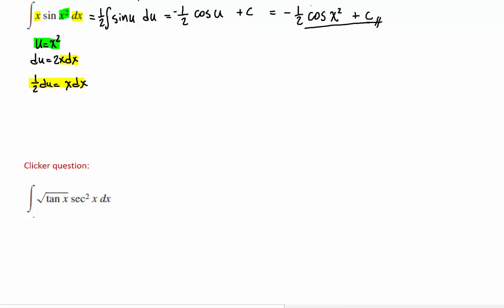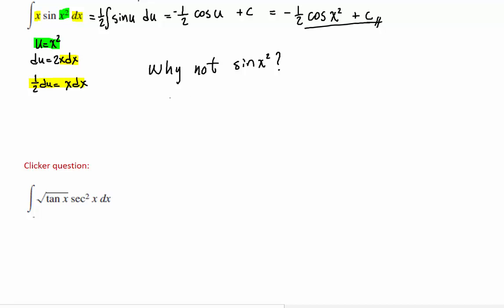Now let me say a word here. A lot of you would have said, well, why didn't I grab sine? Okay, so why not sine? So sine of x squared. That's a very common question I always get.